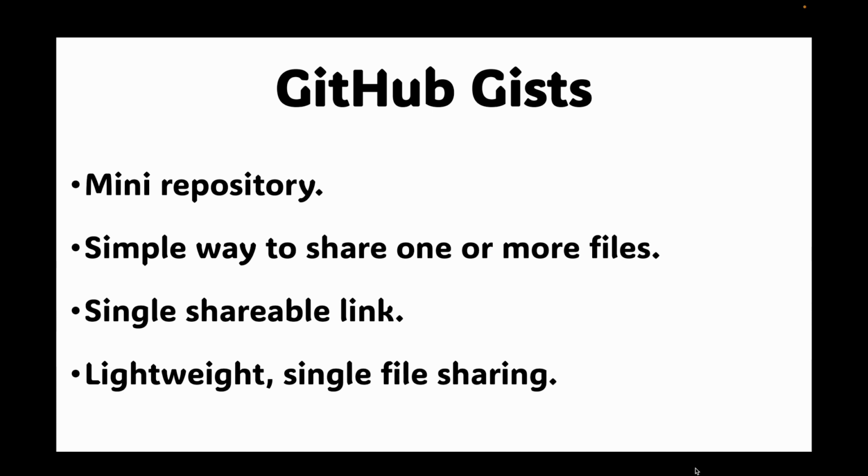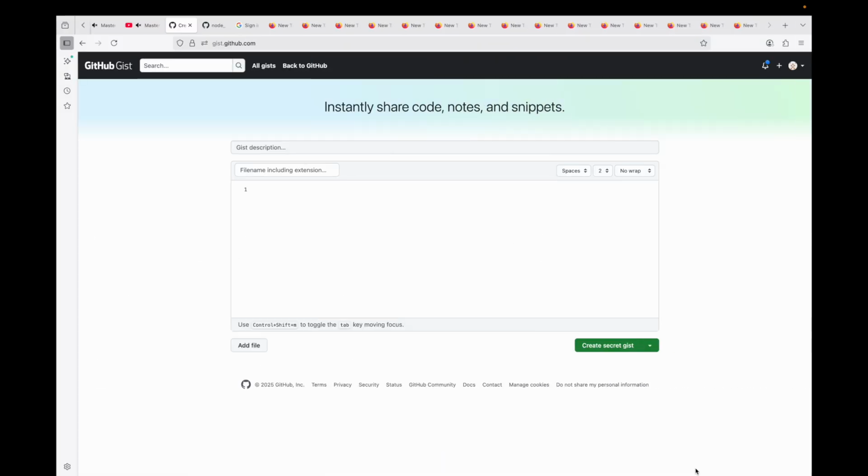Now, let's look at how we can create a Gist. Creating a Gist is incredibly easy. You can head over to your browser and go to gist.github.com. That's the URL, and this is what you will get, and you just have to fill in the details. Give a short description of what the Gist is for. So let's say demo gist.